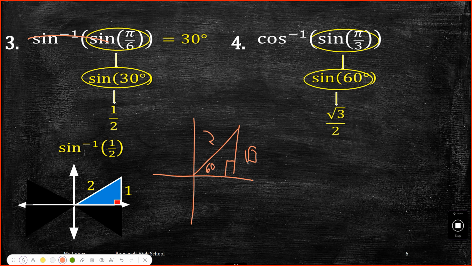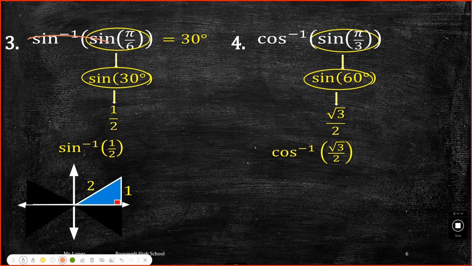But now we're going to find the cosine inverse of root 3 over 2. Okay, see, here's where it changes. Why does it change? Because now we're looking at this. What's the definition of cosine?